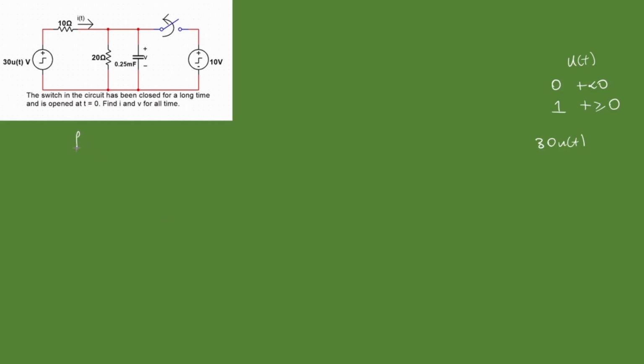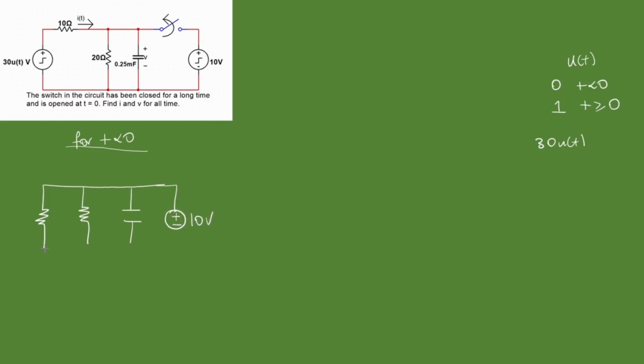So let's get to work. For t less than 0, let's try and redraw the circuit. We're going to end up with, very simply, this is 10 ohms, this is 20 ohms, this is our capacitor, and this is the active source.